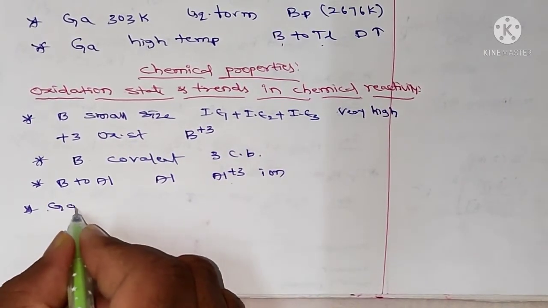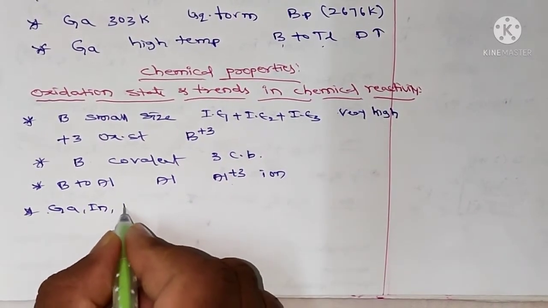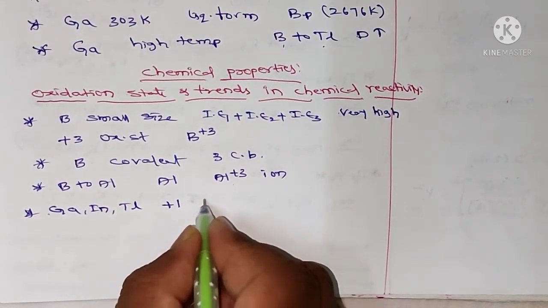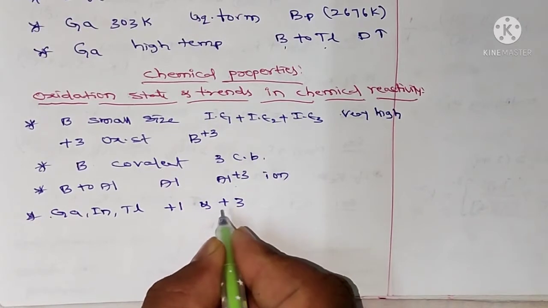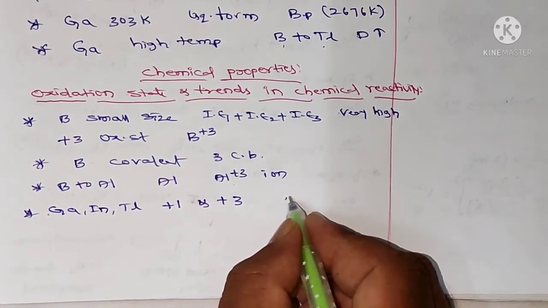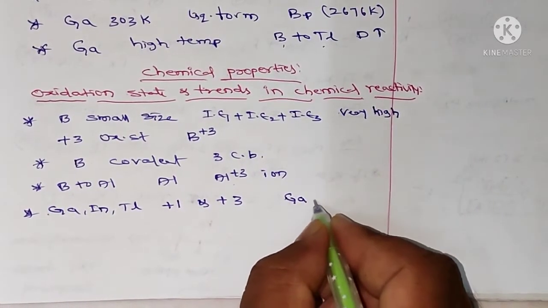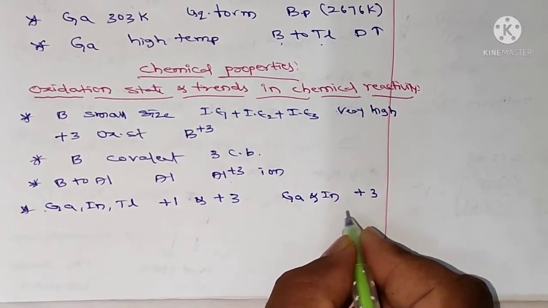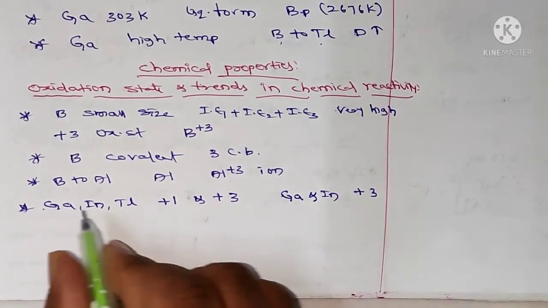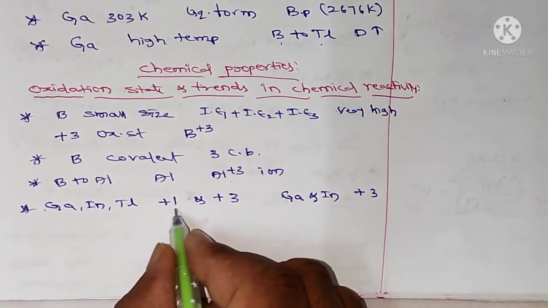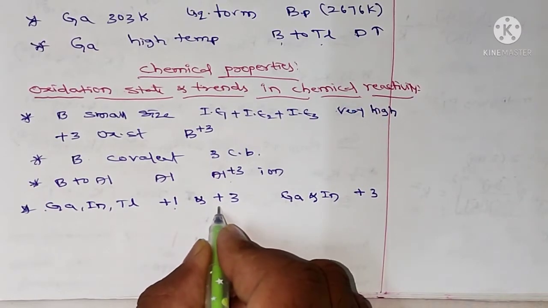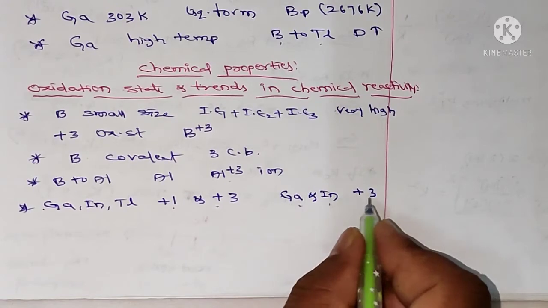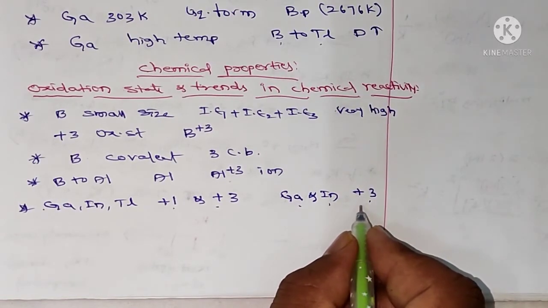Gallium, indium, and thallium can form +1 and +3 oxidation states. In gallium and indium, the +3 oxidation state is very common.